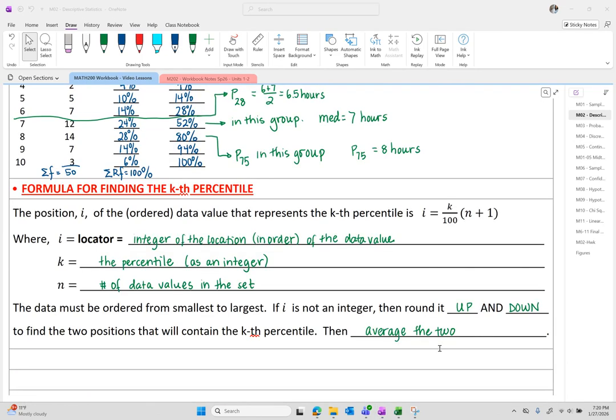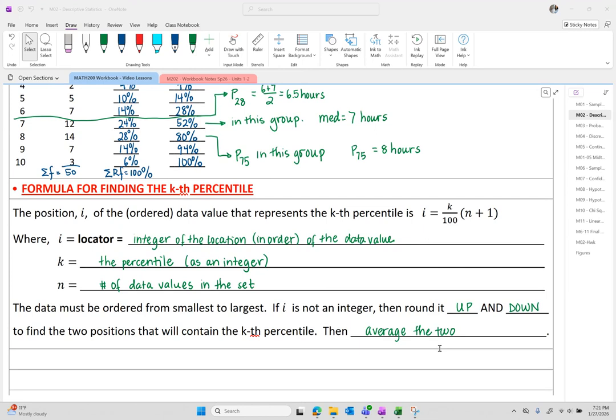So i will be the location of the data value that you are looking for to represent the percentile. Remember that that location is the place if the data is arranged in order from smallest to largest.